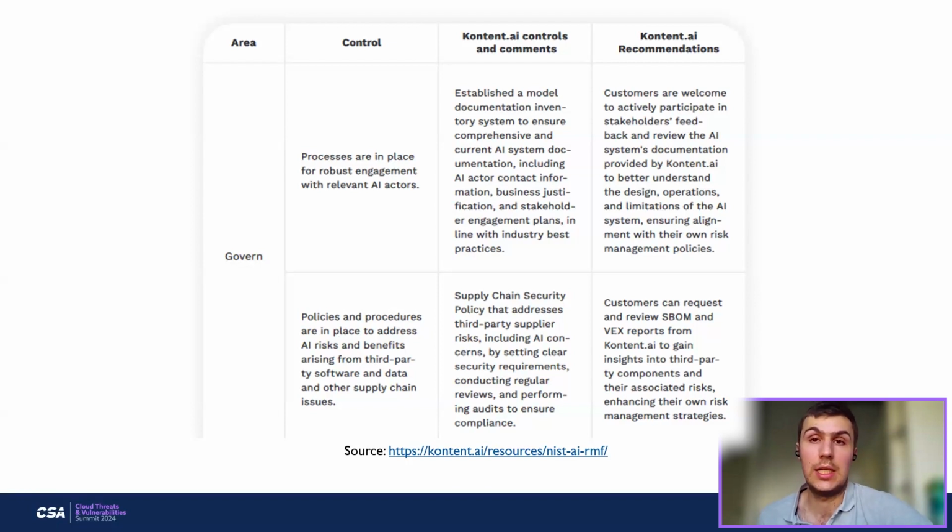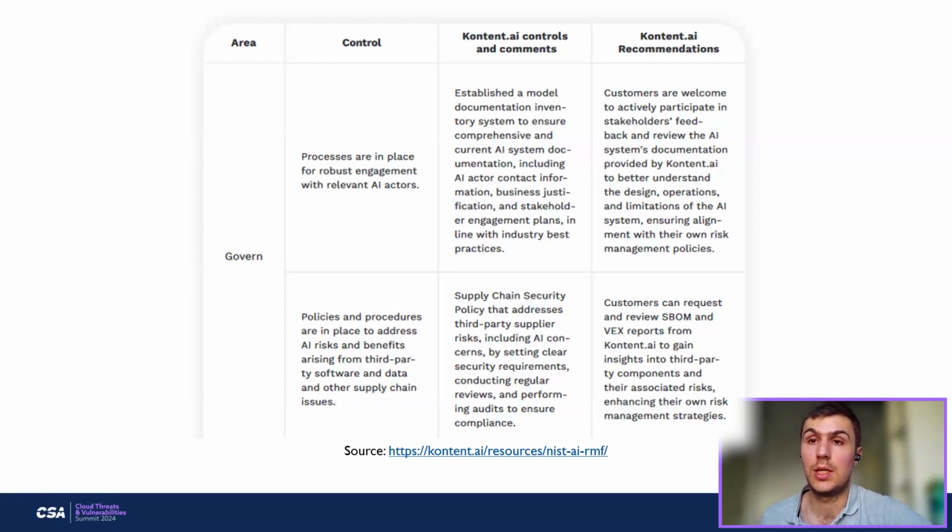And ideally, if those two things go in concert, the provider would be following the same framework or a similar framework, implementing similar controls as the customer. Take an example of the govern category: for example, the processes, policies, and procedures that need to be in place for AI governance.